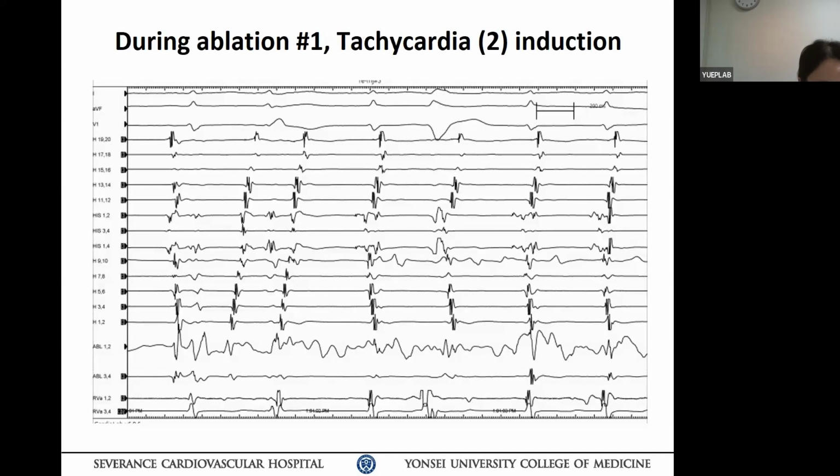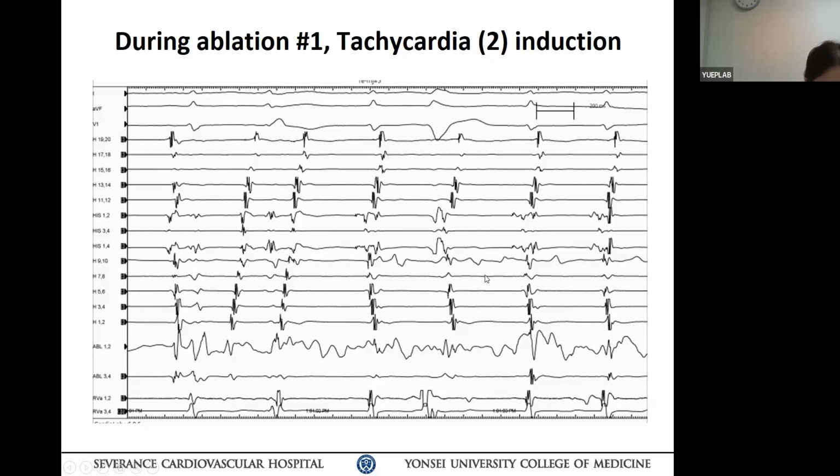And during the ablation, interestingly, a different tachycardia was induced. The first APC triggered by the ablation catheter was conducted through the AV node through the fast pathway, but the second APC, also coming from the ablation catheter, was conducted through the slow pathway, and it induced the AV-NRT.